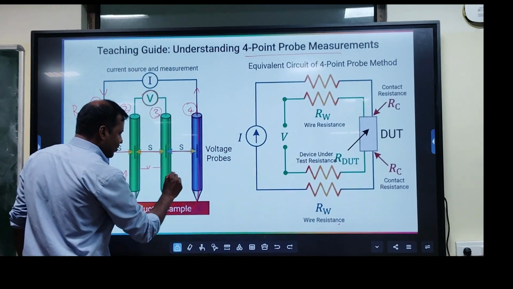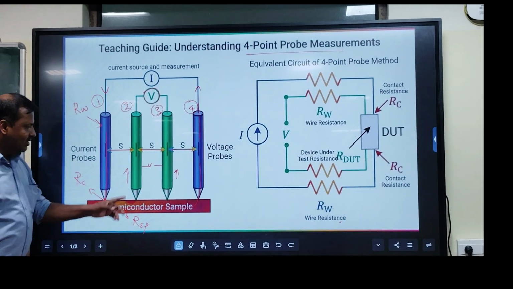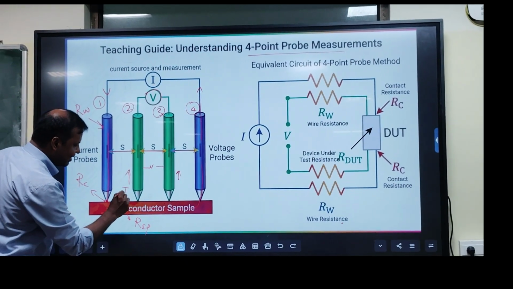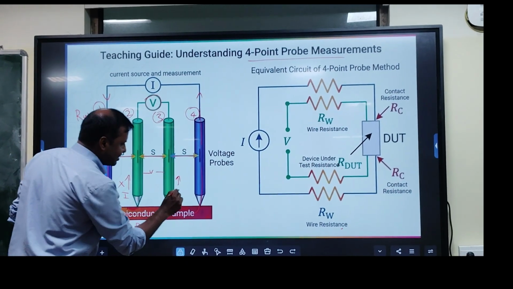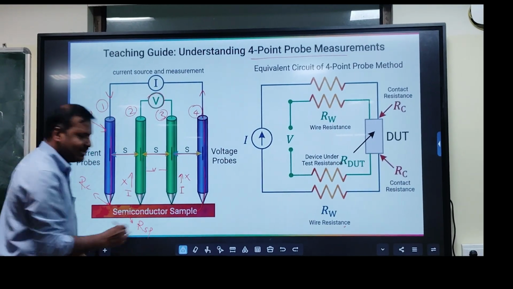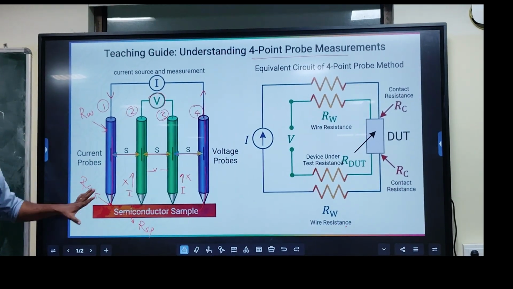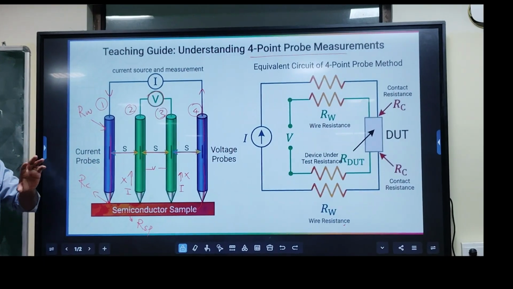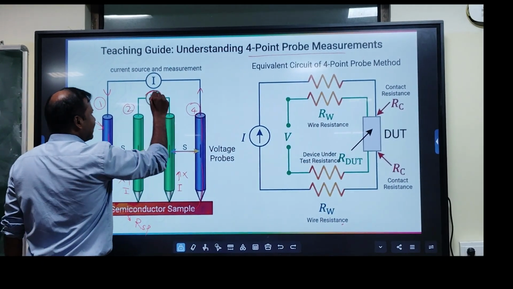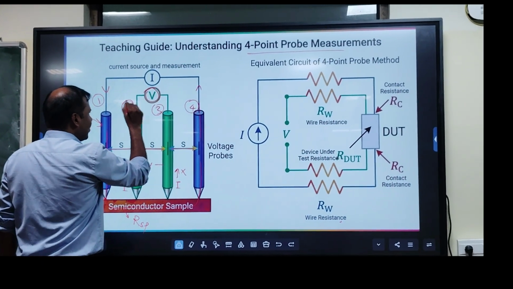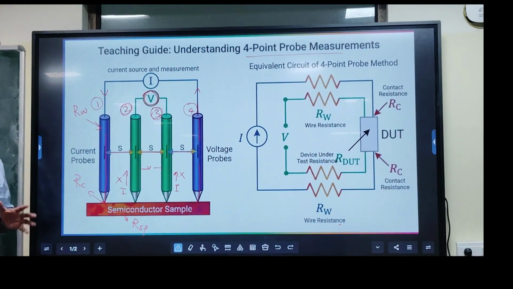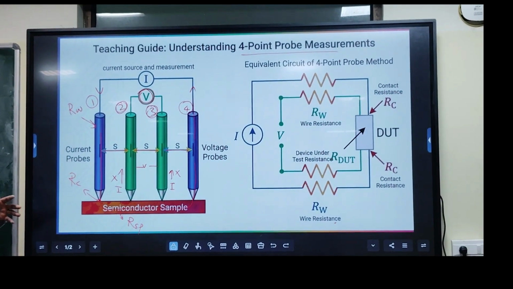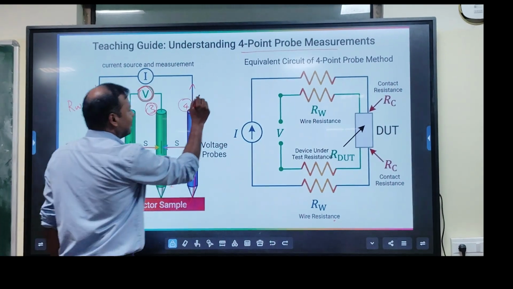The current amount will be very small, or completely negligible. That is because the voltmeter connected to probes 2 and 3 will offer high input impedance.